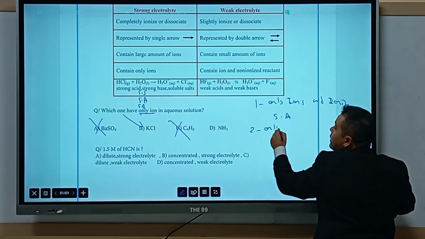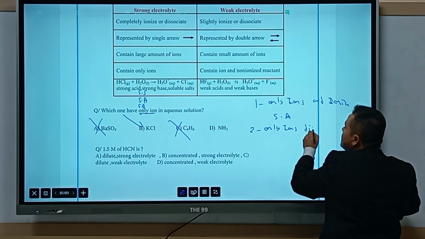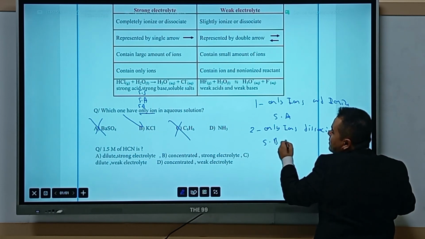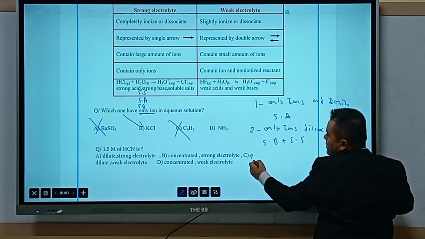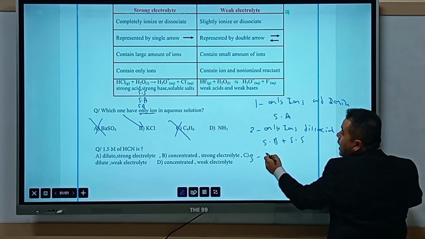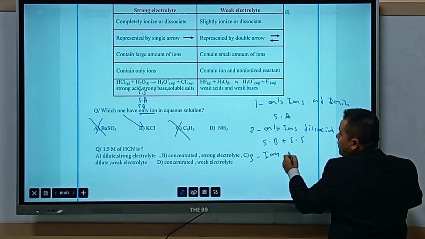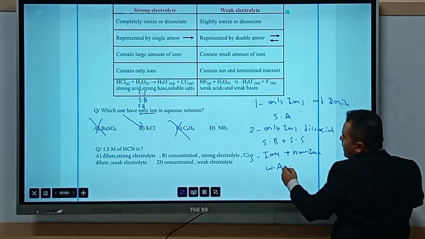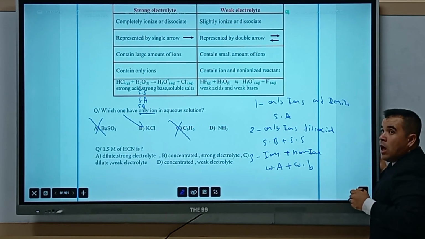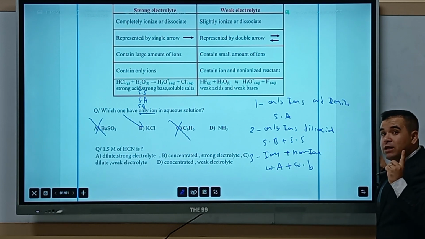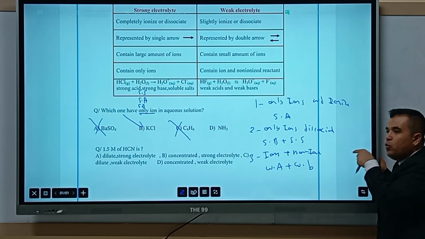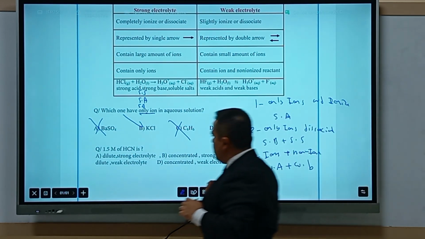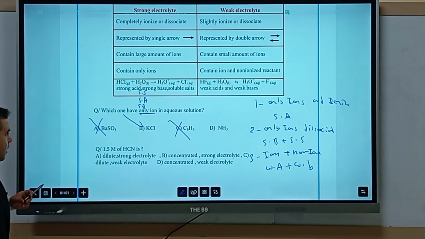Second, only ions and dissociate, strong base plus soluble salt. Third, ions plus non-ionized, this can be weak acid plus weak bases. High concentration of the non-ionized or non-dissociated compared to the ions must be weak acid and weak bases. So these can be asked in the ministerial exam.